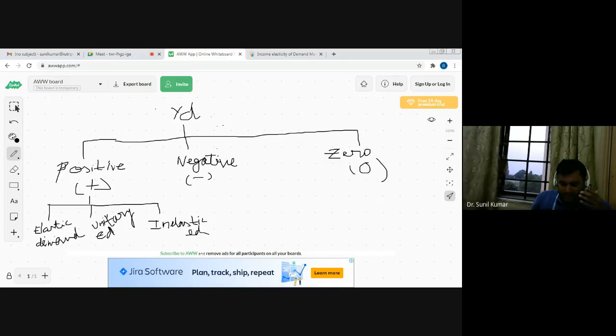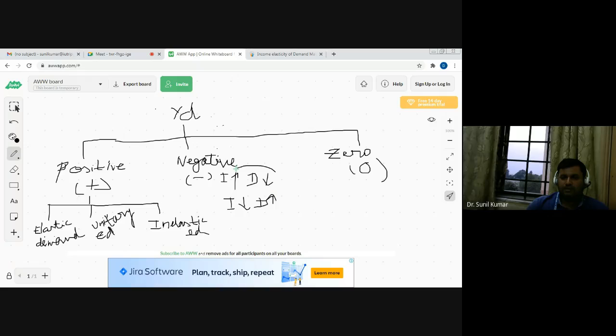There is the negative case. In the negative, you may write: when income increases, demand decreases, and when income decreases, demand increases.